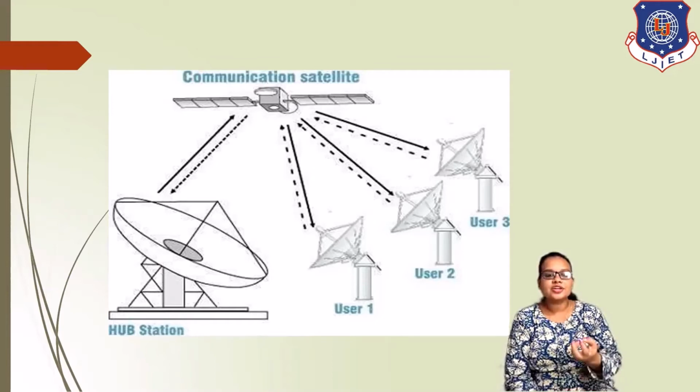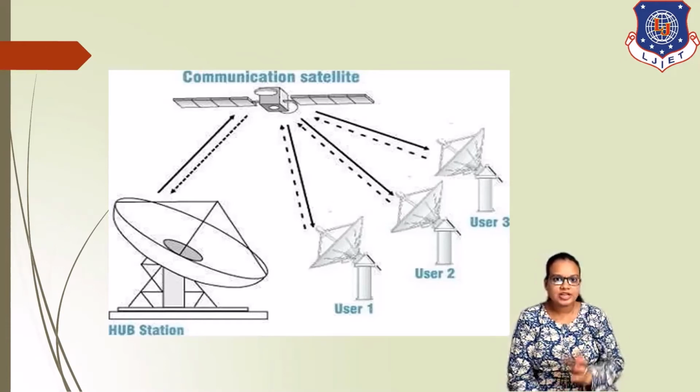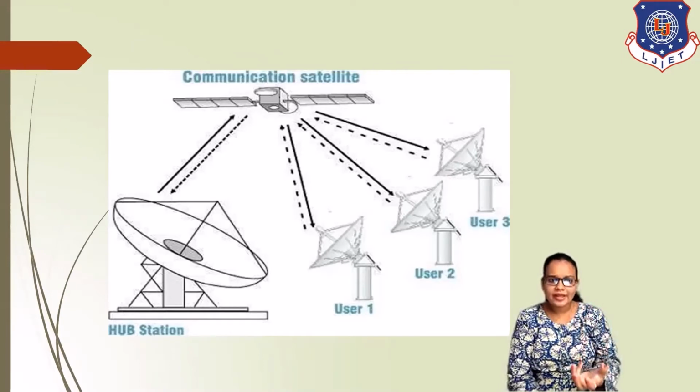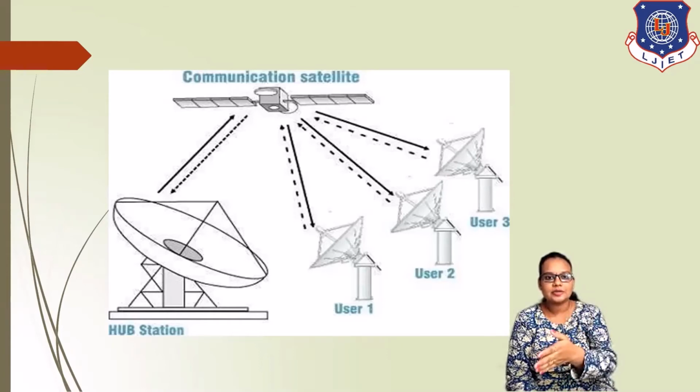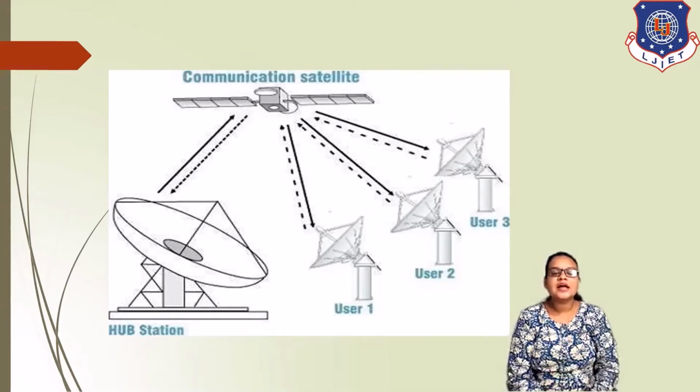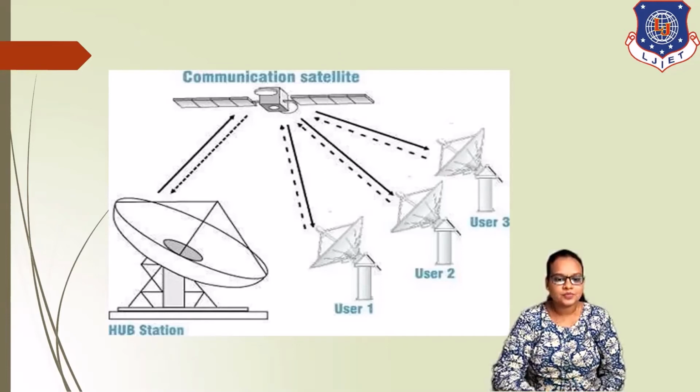Whenever user one requests data, the data is transmitted using the dotted line, and the data will be received by the substation with the help of the communication satellite in that particular time slot. And whenever, as per the request, a time slot is empty, the hub station will allocate that time slot to that user, and the user is informed through a feedback or response, which is given by the dark black line.